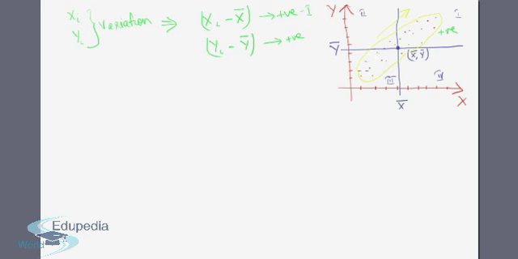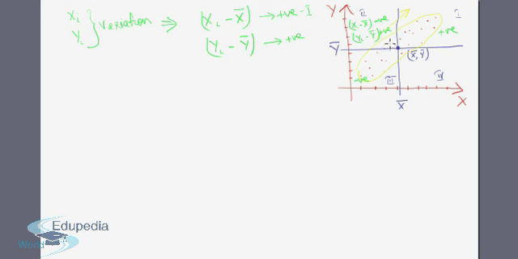Similarly, if we take the case of third quadrant, both of these would be negative. Whereas if we take the second and the fourth quadrant, in the second quadrant, xi minus x bar will be negative. Let me write it here, xi minus x bar would be negative, whereas yi minus y bar would be positive. Why? Because the value of y bar is below these values which are in the second quadrant.